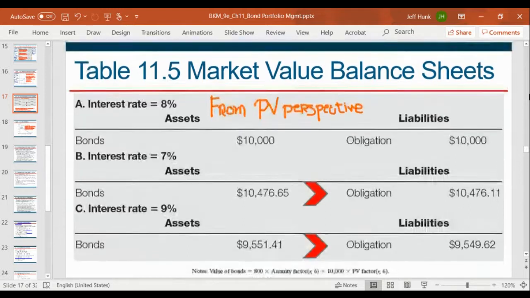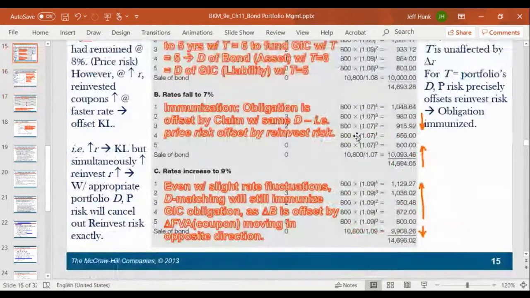In other words, we took a look at it from future value perspective, the future value of the fund, and for incremental change in interest rate, the future value of our assets still prevails over the future value of our obligations.